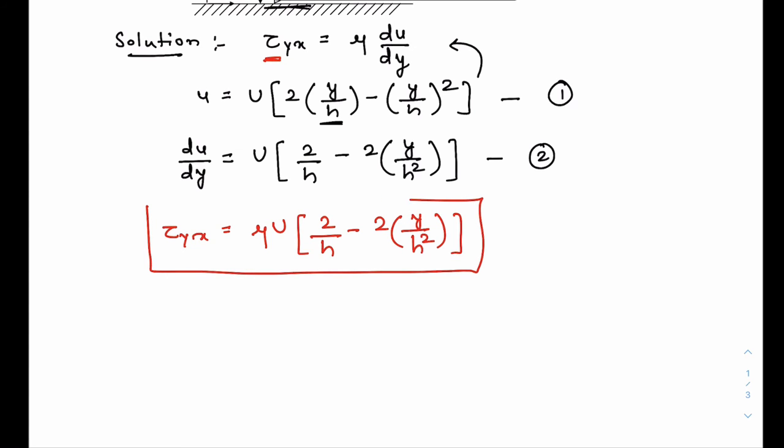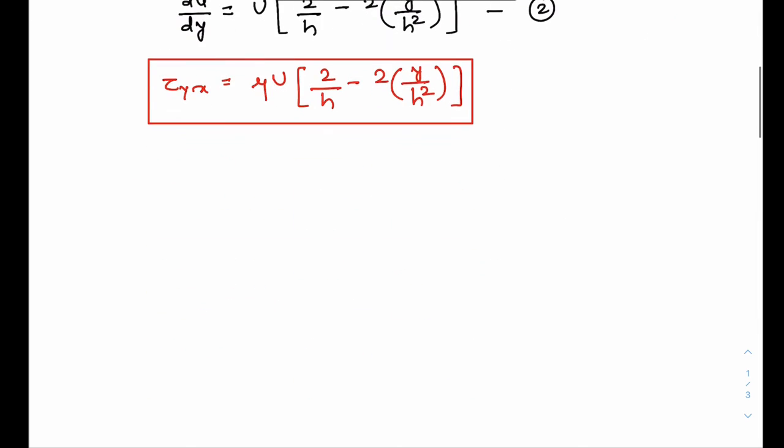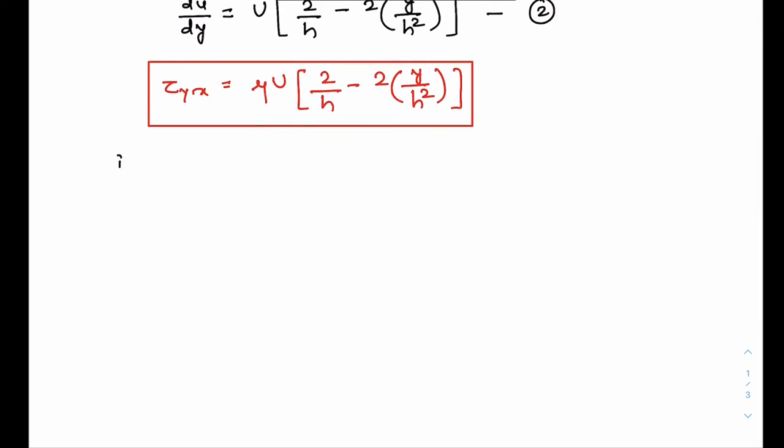So this is the expression for the shear stress, but now we are asked to find the shear stress on the base and the free surface. At the base, the value of y is equal to 0. So tau yx at the base is tau yx where y is equal to 0.